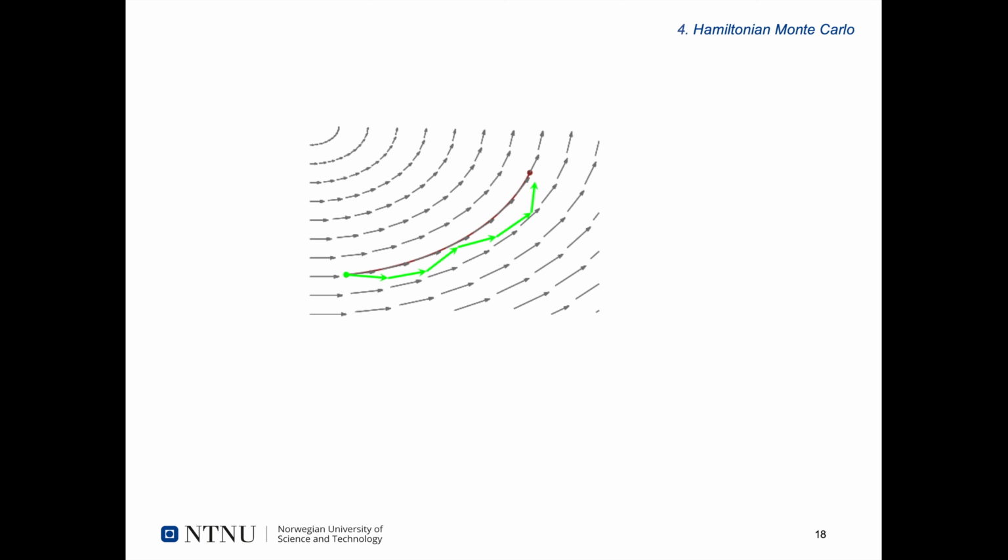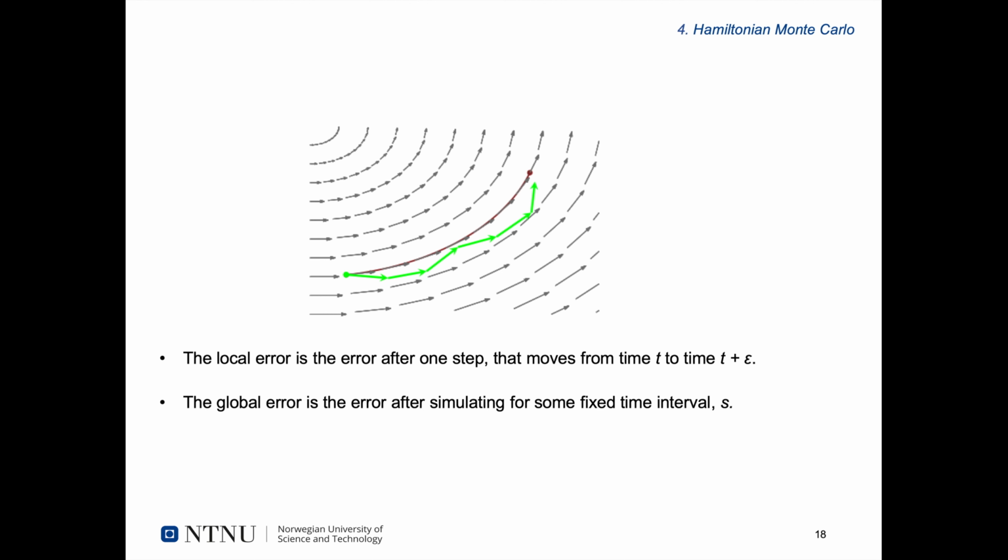Since the leapfrog method discretizes time to approximate the true trajectory, it unavoidably creates local errors due to the discretization. Local error is the error from time t to t plus epsilon. The local errors add up and form the global error, which is the error accumulated over some time interval s.